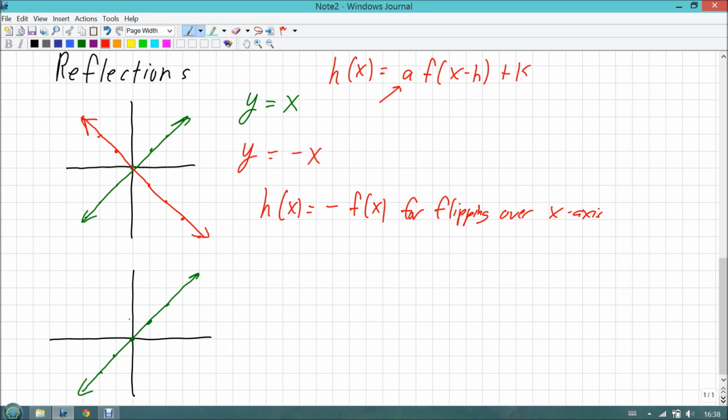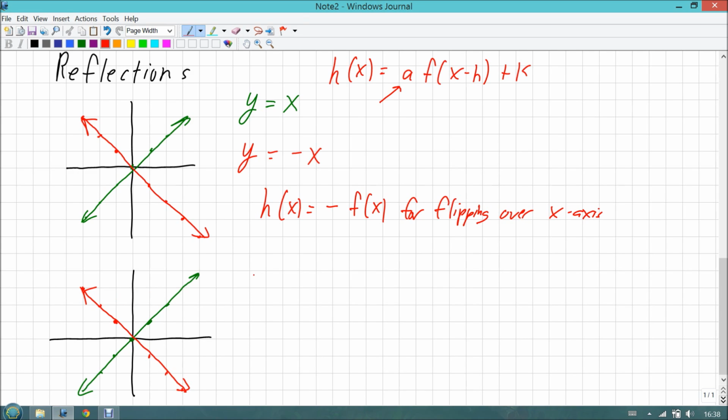Well, that's 1 away, so I'd move in the opposite direction by the same distance. So this one's 2 away, so this one needs to be 2 away. This one's 3 away, so this one needs to be 3 away, etc. And what do we end up with? Well, it got flipped in this direction. So it got reflected over the y-axis.